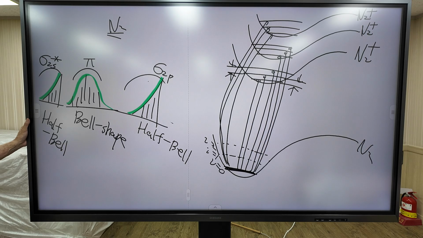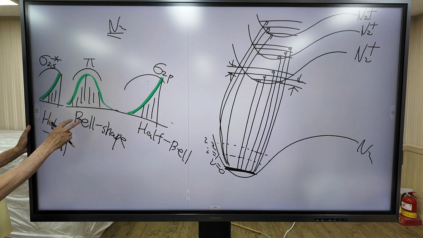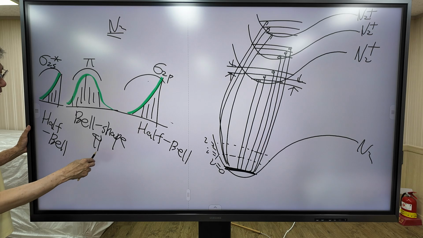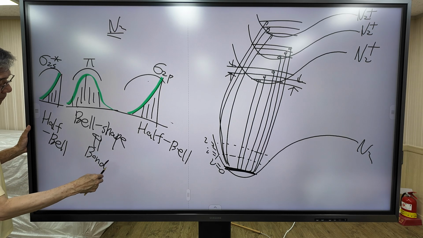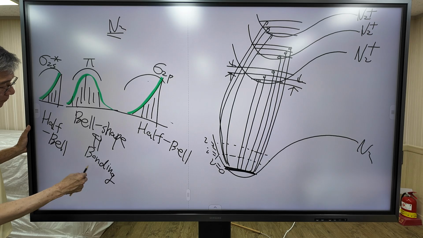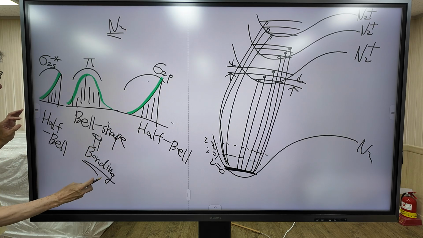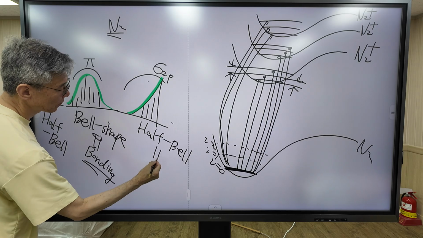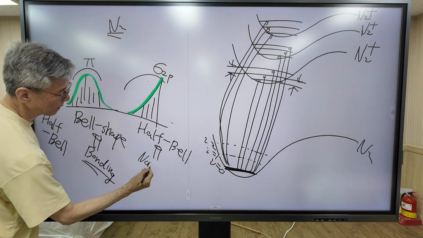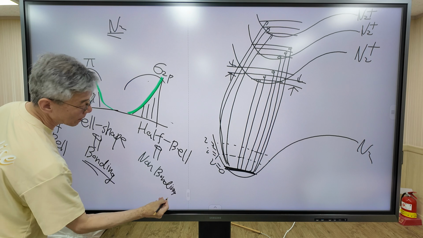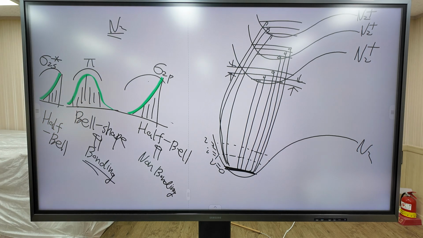In photoelectron spectroscopy, when the band shape is bell shape, it corresponds to the molecular orbital being a bonding orbital. When the band shape is half bell, it means that it comes from a non-bonding orbital.